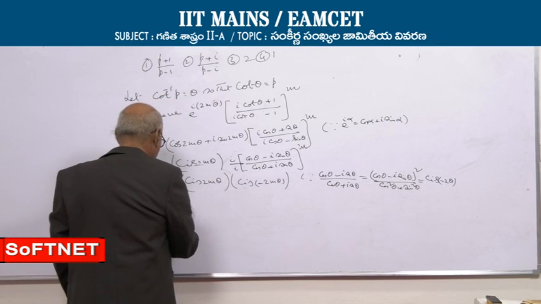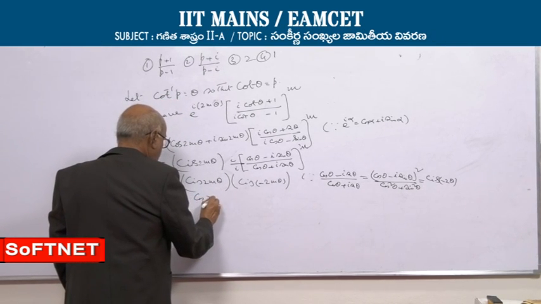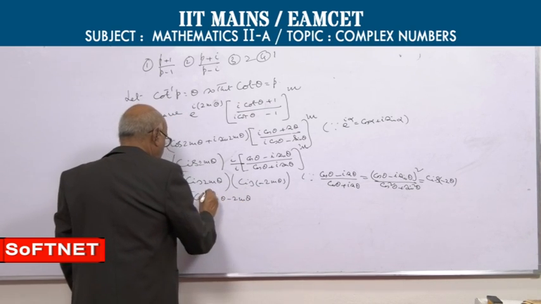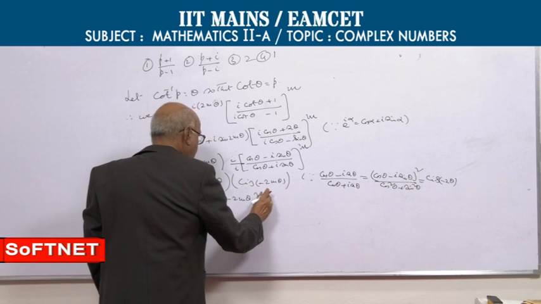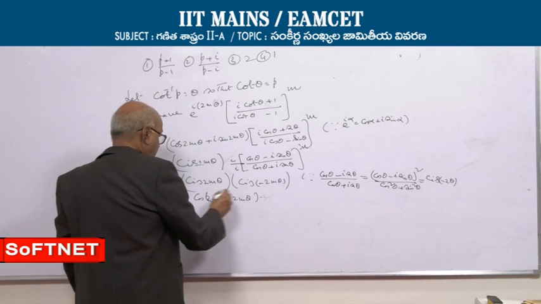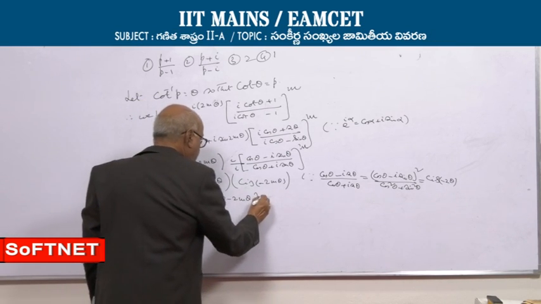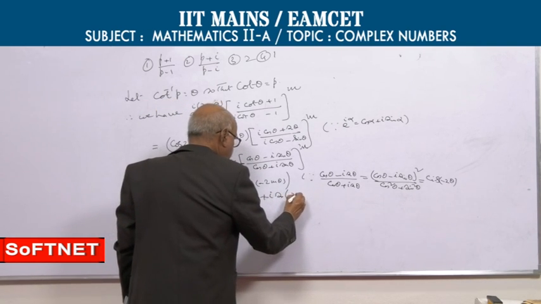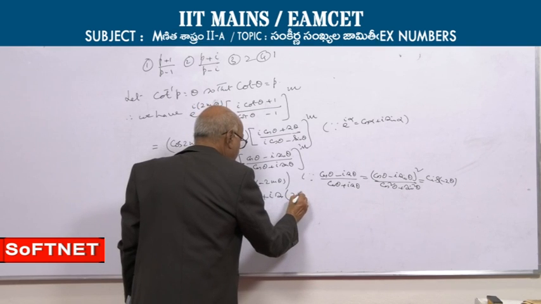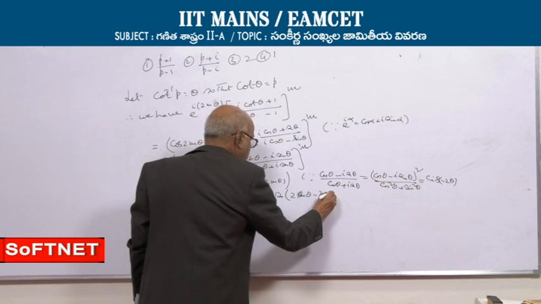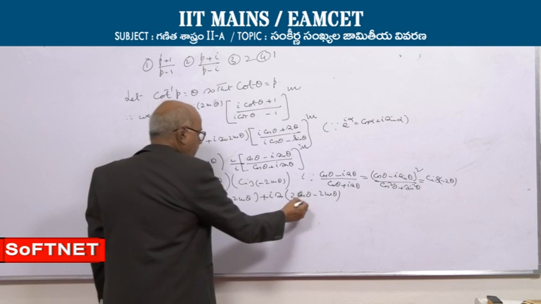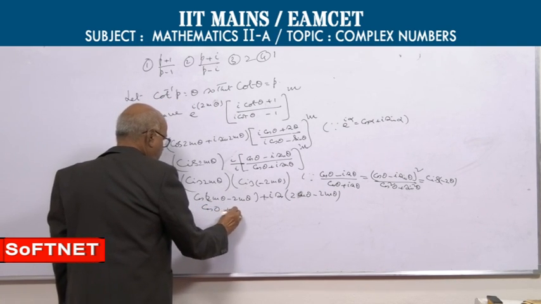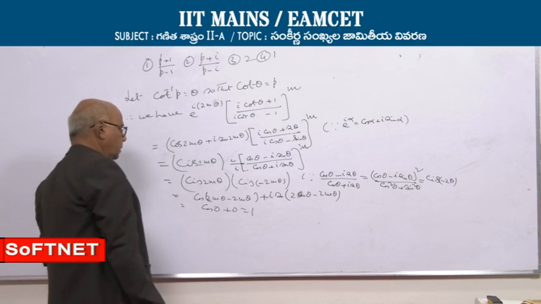So this shows that cos 2m theta minus 2m theta, if you multiply, and everybody knows cos 2m theta minus i sin 2m theta plus i into 2m theta minus 2m theta, and this is 0 and this is 1, cos 0 plus 0, which is equal to 1.